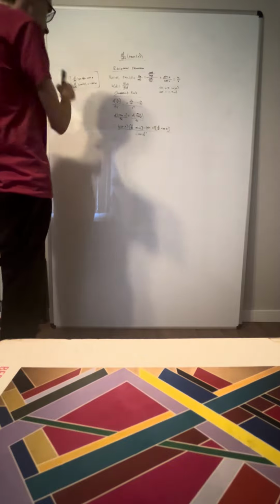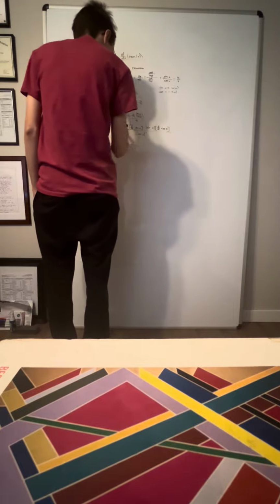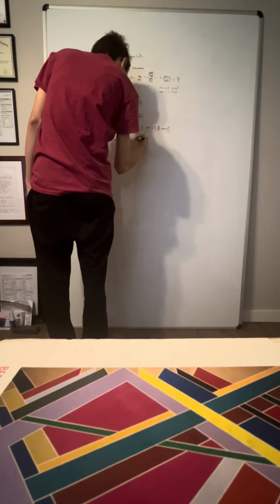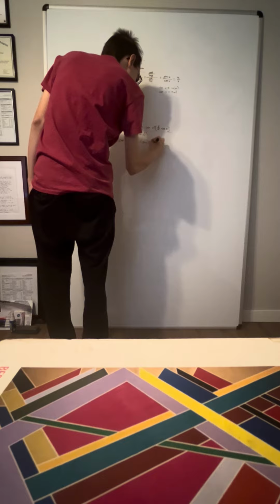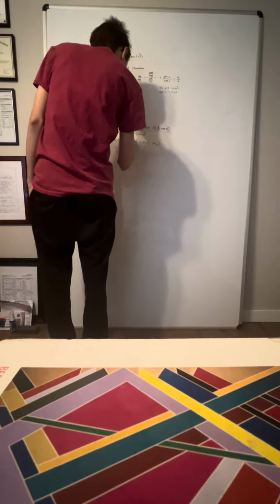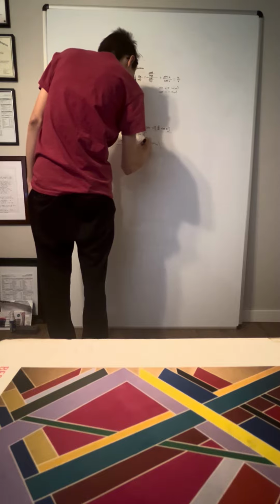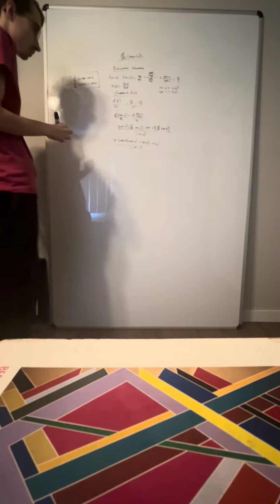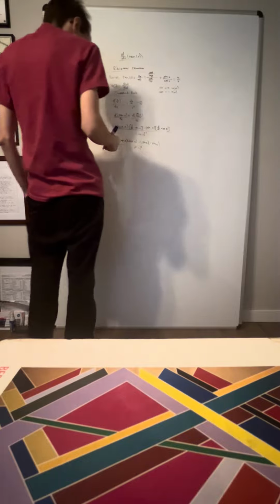So now, plugging our pieces in here, we're going to have this equals cosine of x times cosine x minus sine of x times negative sine of x over cosine x squared. So now we're just going to go ahead and combine the top.